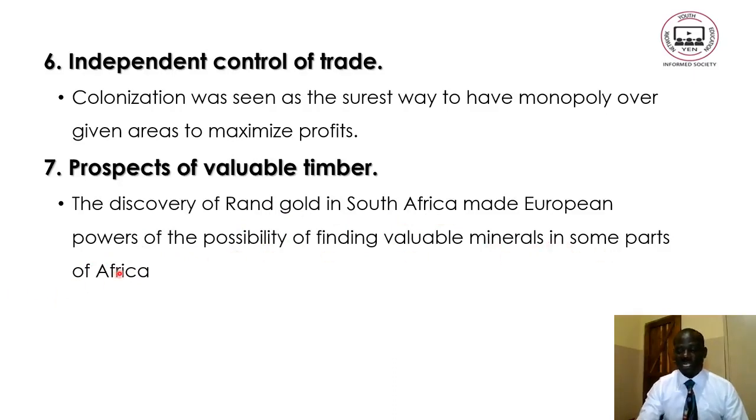So after they discovered gold in South Africa, other countries were also interested, saying, all right, if gold can be discovered in South Africa, it means that even in other areas there are other resources. So they were scrambling to say, let's get Malawi, let's get this country, let's get this country. They were prospecting for valuable resources or minerals.